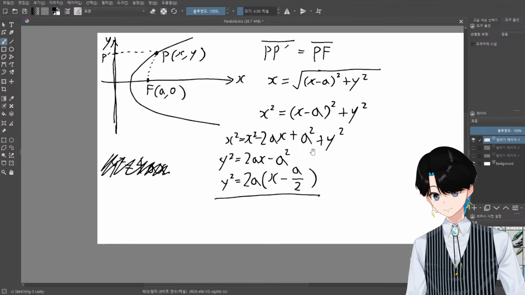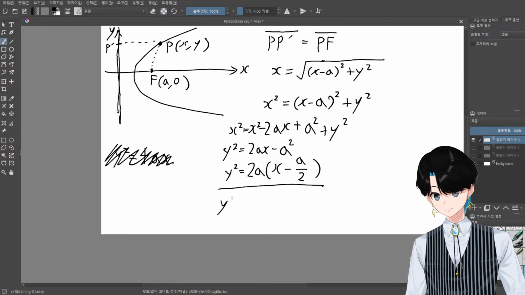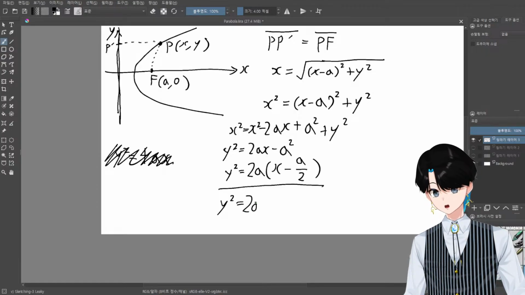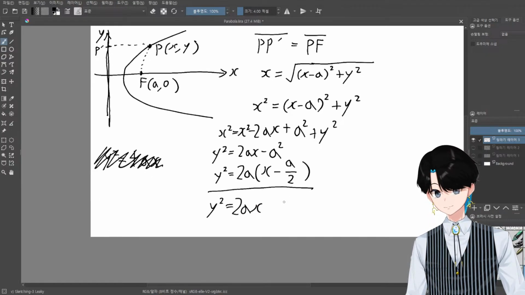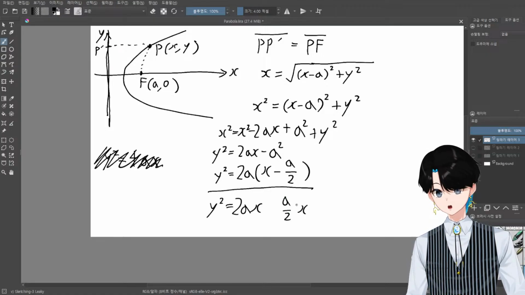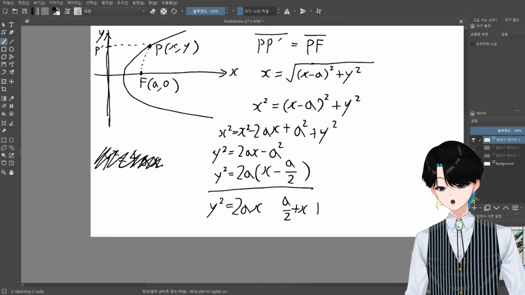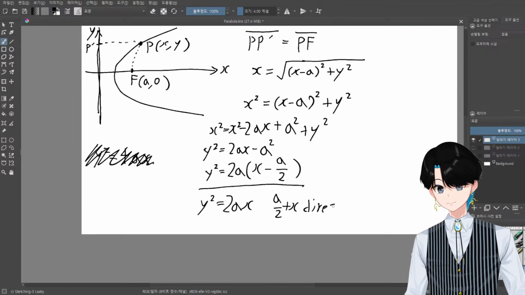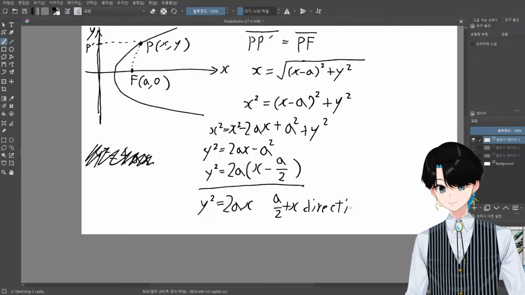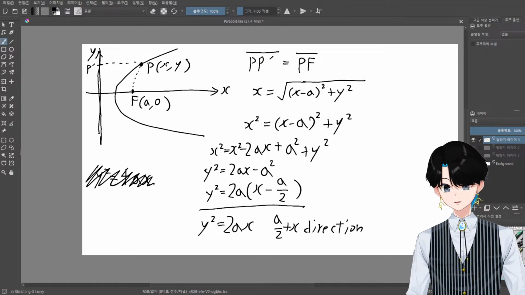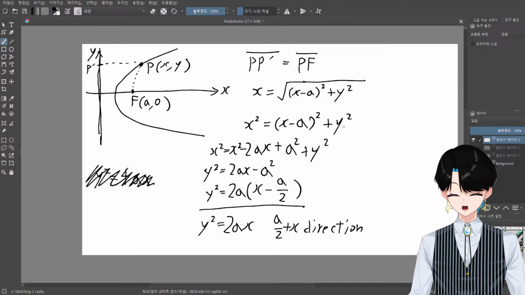There's nothing wrong with it. It's basically a form of y squared equals 2ax, but moved over by a over 2 in the x direction. Yeah, that's basically it.